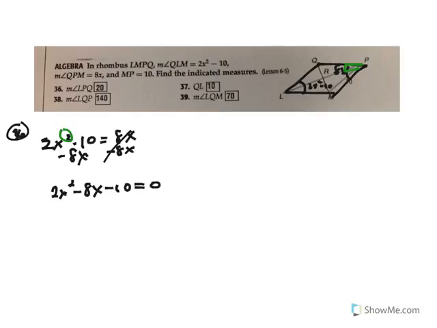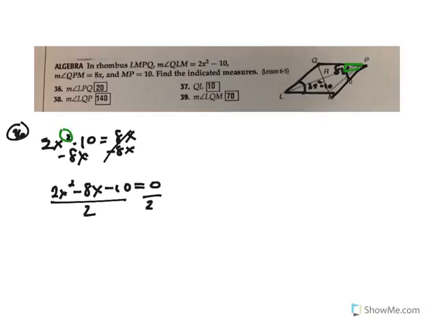So I need to find out what that whole angle is and then divide it by 2. I know that opposite angles are congruent in a rhombus, so let me set the two angles equal to each other. So right away we should see that this is a quadratic because there's an exponent here. So we want to move this 8x over to the other side, and we'll get 2x squared minus 8x minus 10 equals 0.